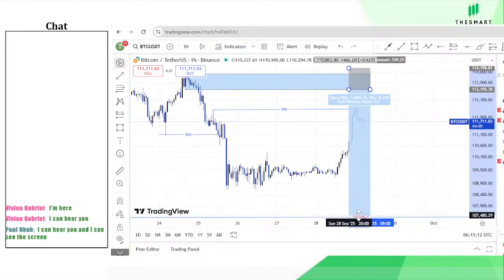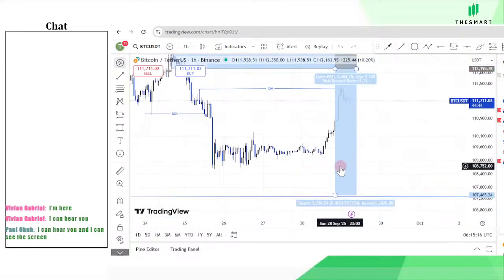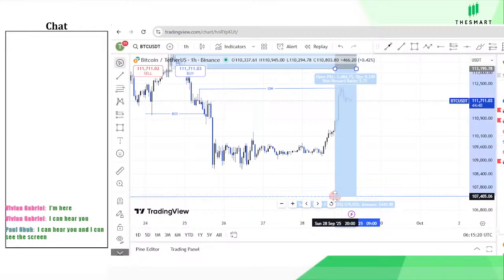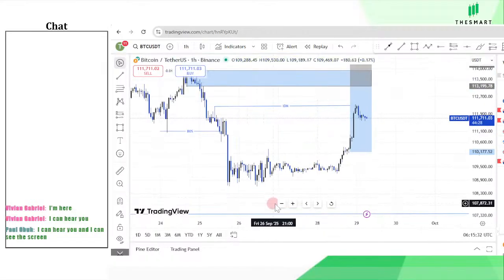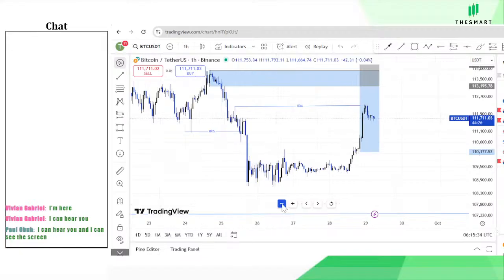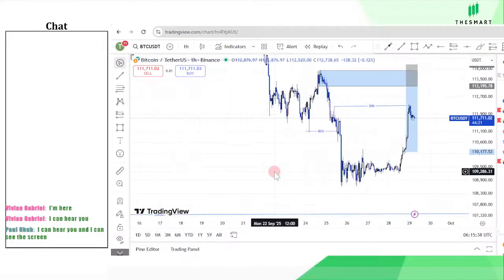And if you target this line, we have this as a 1:5.7, but I always trade strictly 1:3. I always stick with 1:3. In case of any reversal, I'm already out of the market. So this is what we have on BTC this morning.